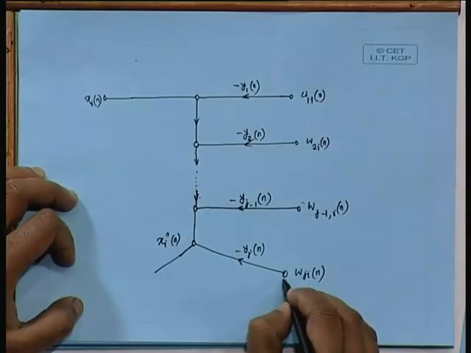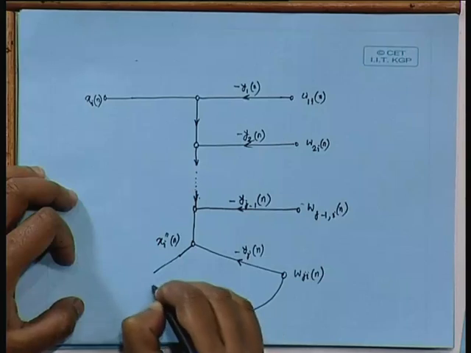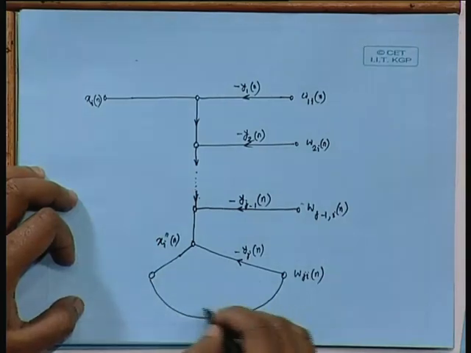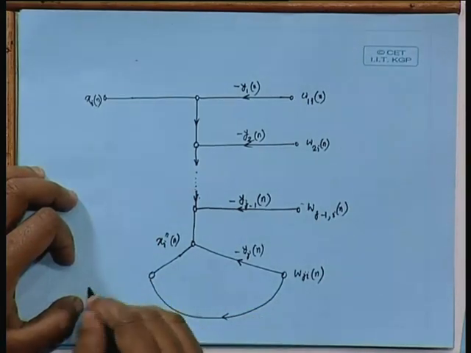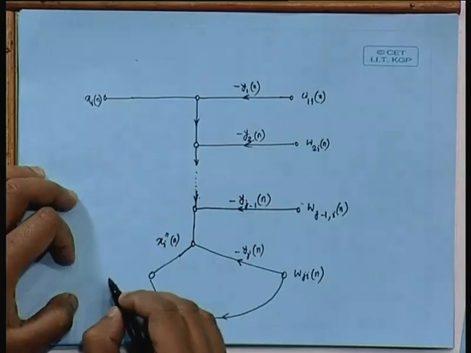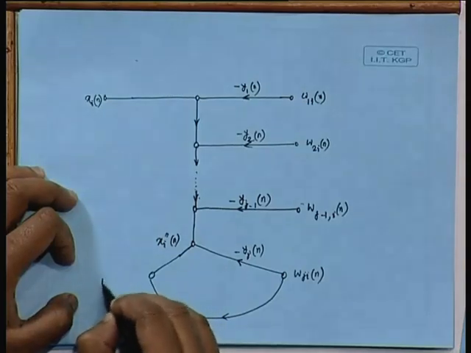Now, we already have wgi n over here. So, from this we take this as the connection.